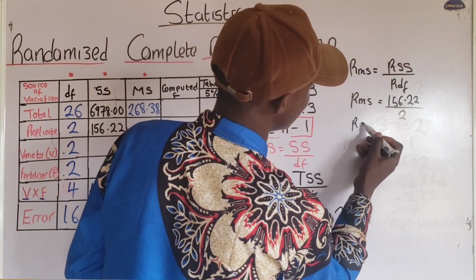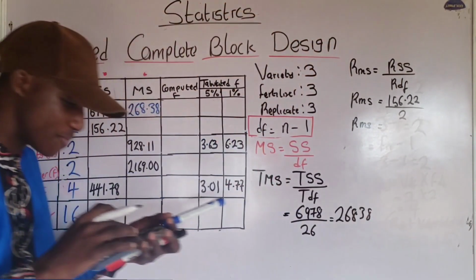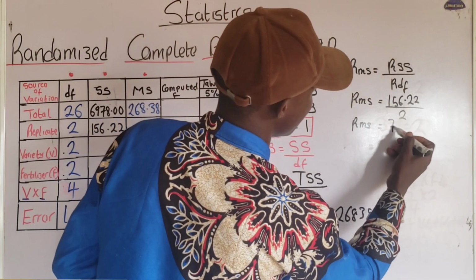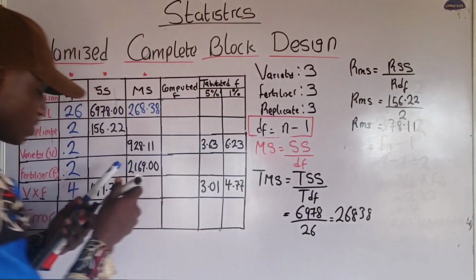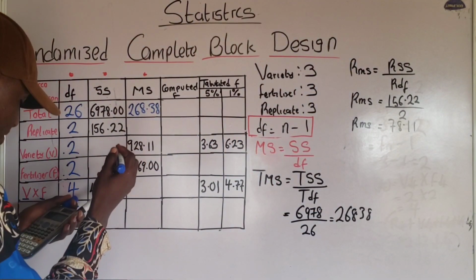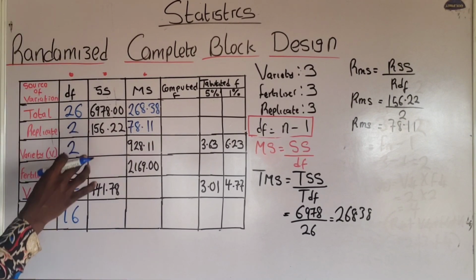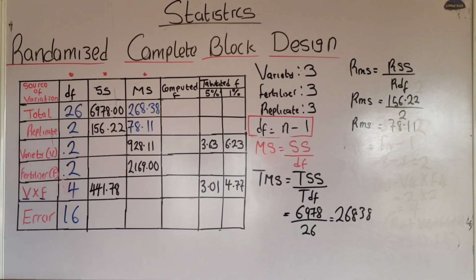So replicate mean squared is 156.22 divided by 2, that is 78.11. So the replicate mean squared is 78.11.